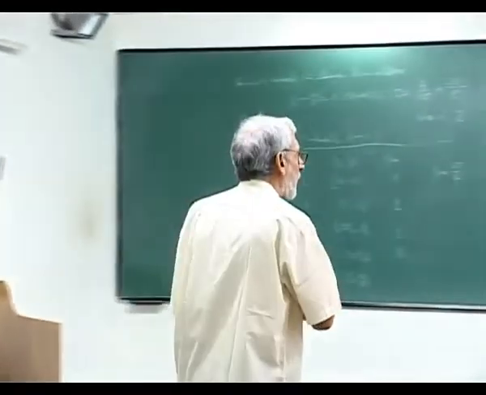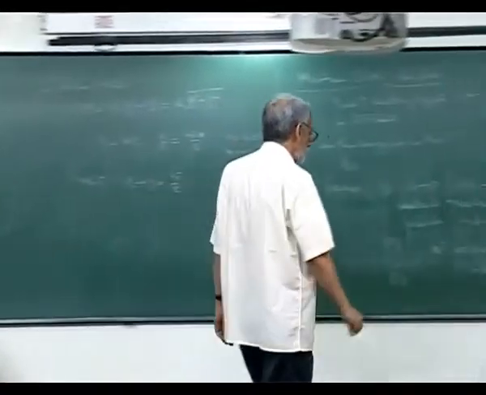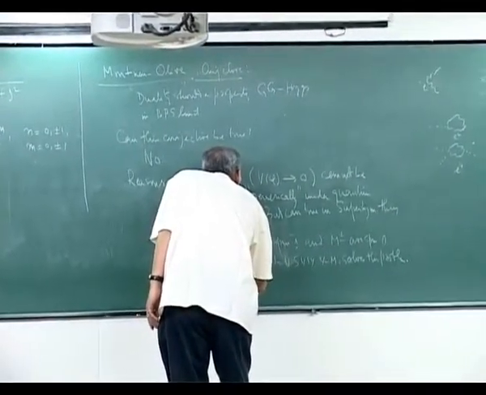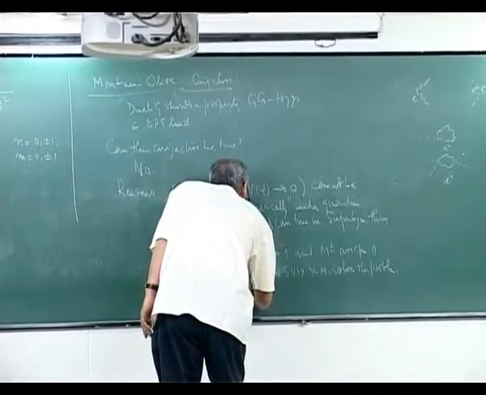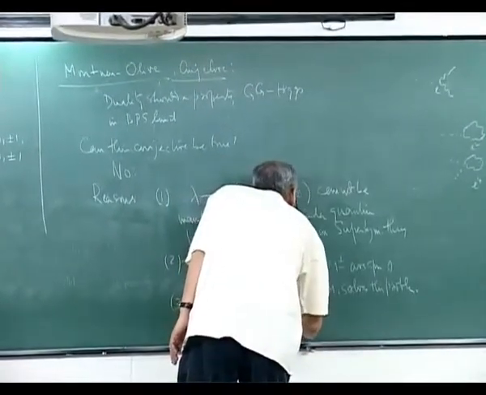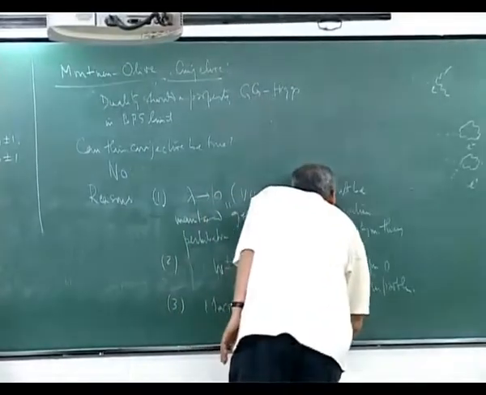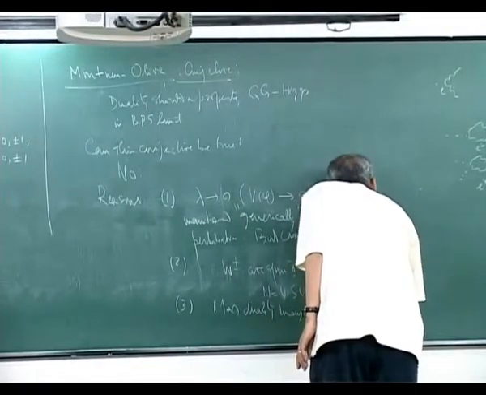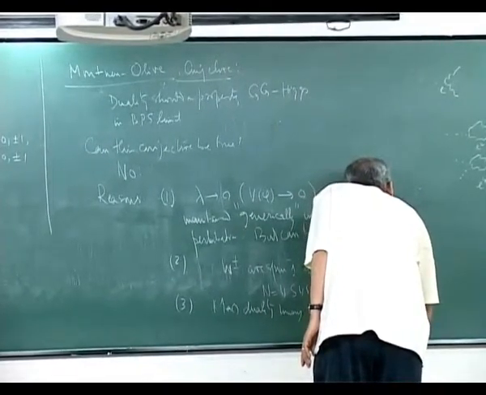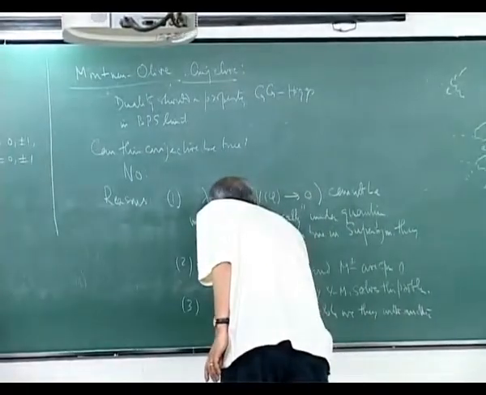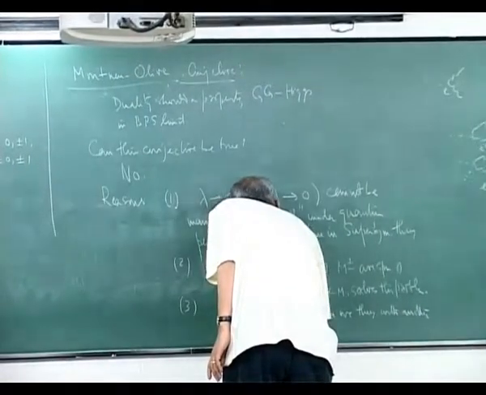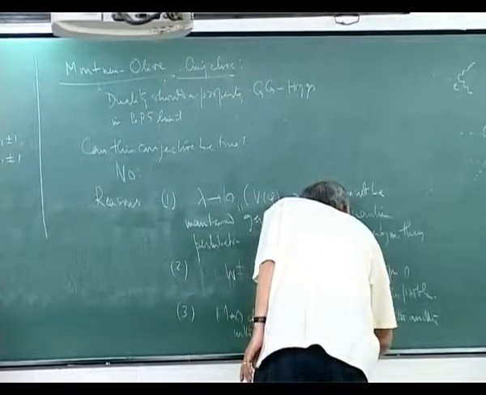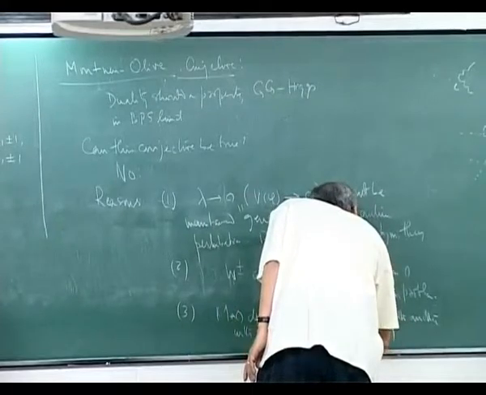So the Montonen-Olive duality may relate one theory to another with inverse coupling, like the Sine-Gordon and massive Thirring model duality.